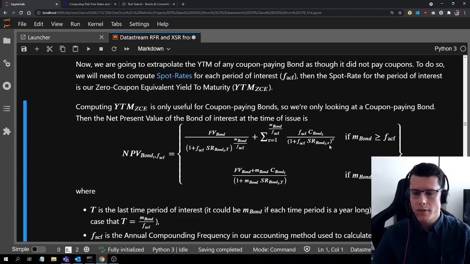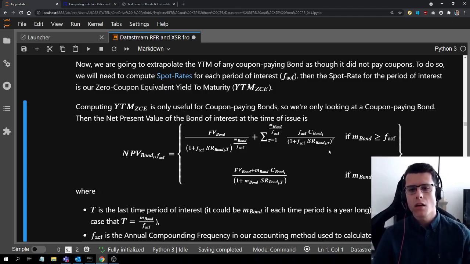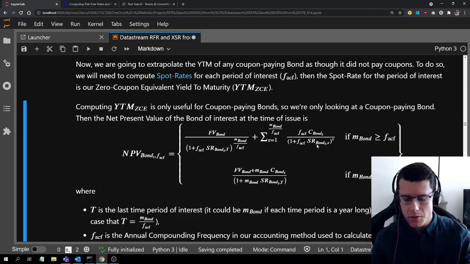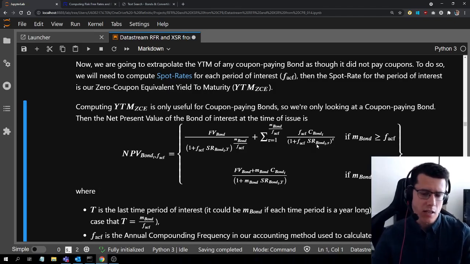I've just used it to make it different from T. But notice what this implies. It implies that our spot rate changes for every time period that we're looking at in our cash flow. So every 6 months, if we are compounding every 6 months, this spot rate will be different. Now, they can be equal to each other. It might be the case that just out of the blue, the spot rate happens to be the same, but it's not necessarily the same, is the point.